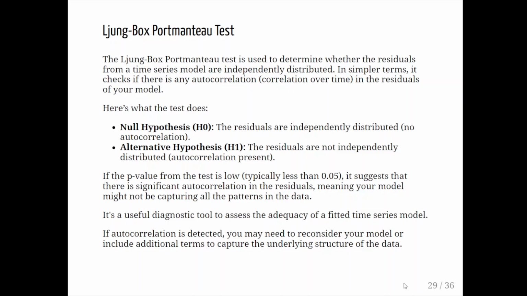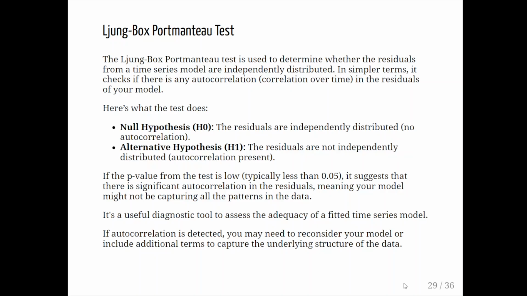If the p-value from the test is low, typically less than 0.05, it suggests there is significant autocorrelation in the residuals, meaning your model may not be capturing all the patterns in the data. It's a useful diagnostic tool to assess the adequacy of a fitted time series model. If autocorrelation is detected, you may need to reconsider your model or include additional terms to capture the underlying structure of the data. Okay, so that's it.